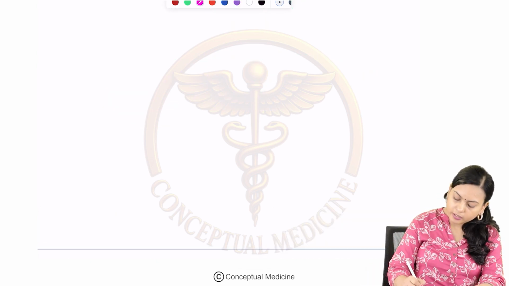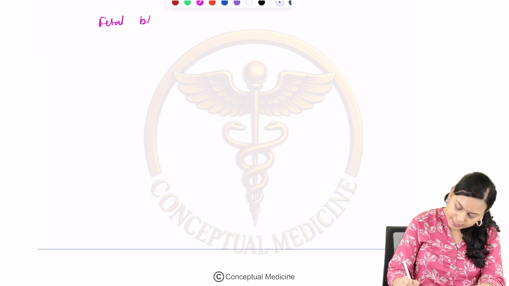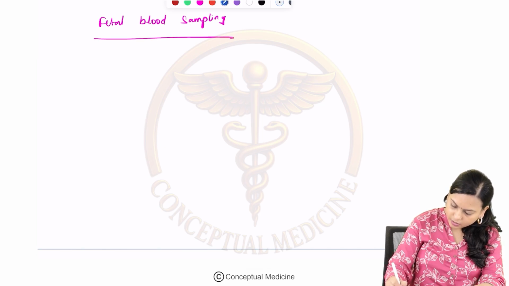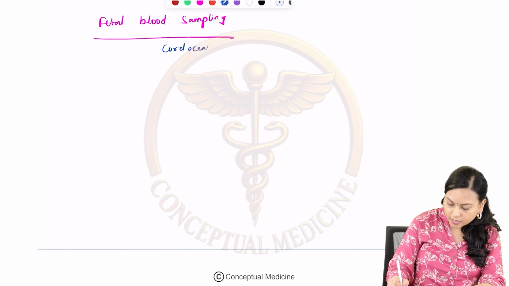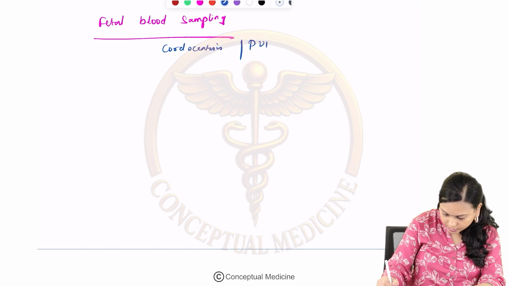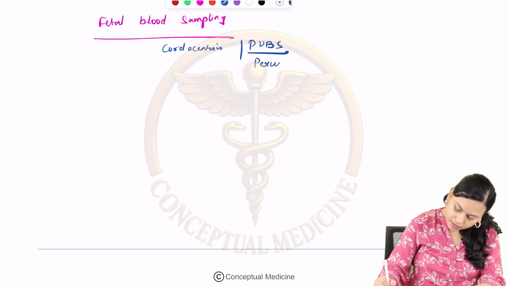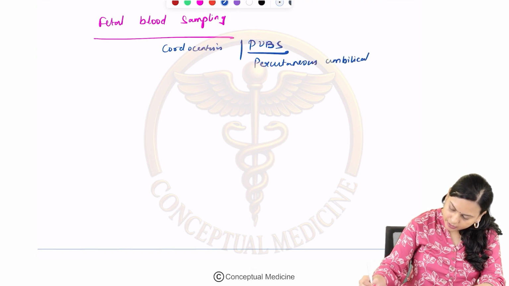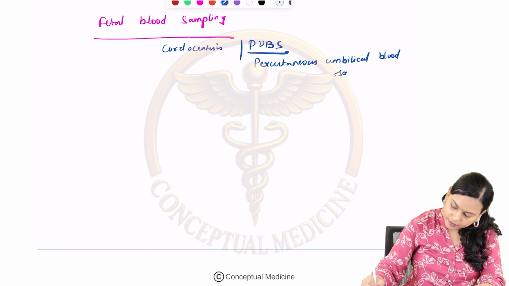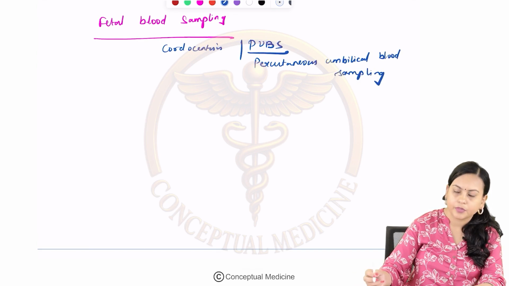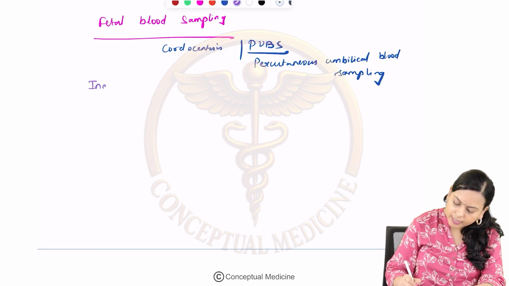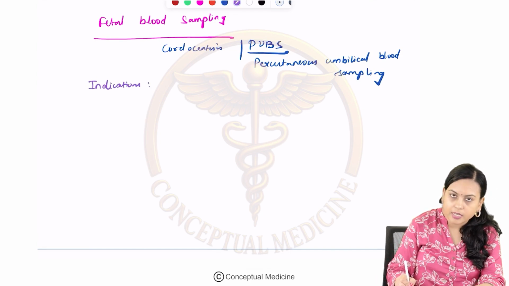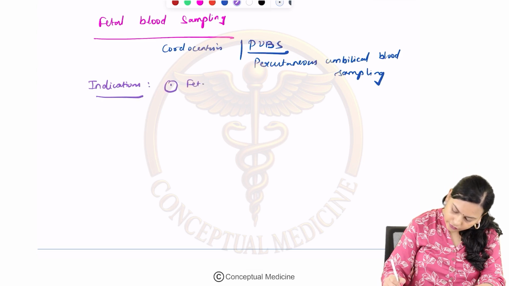Next we will discuss fetal blood sampling, or cordocentesis, or PUBS, that is Percutaneous Umbilical Blood Sampling. So what are the indications of doing this? Indications include fetal anemia.